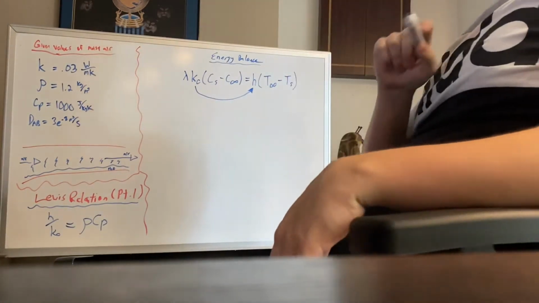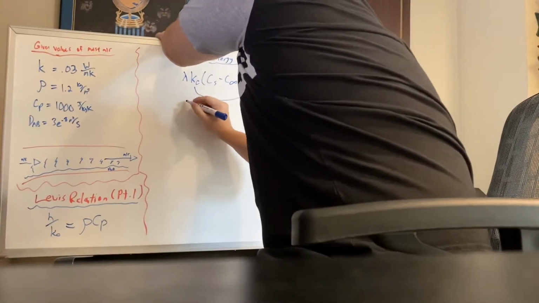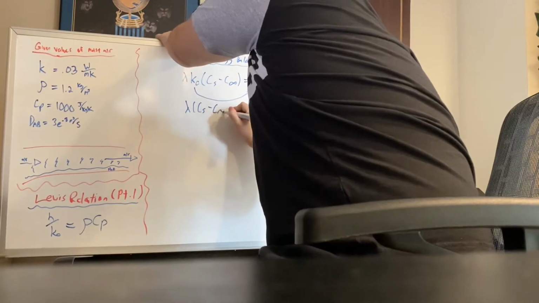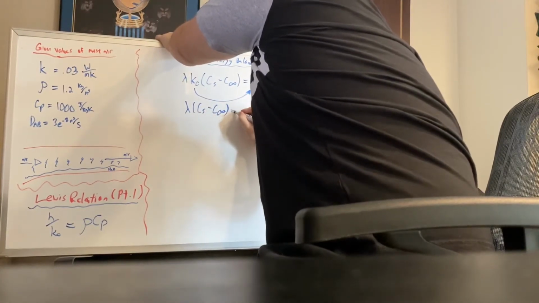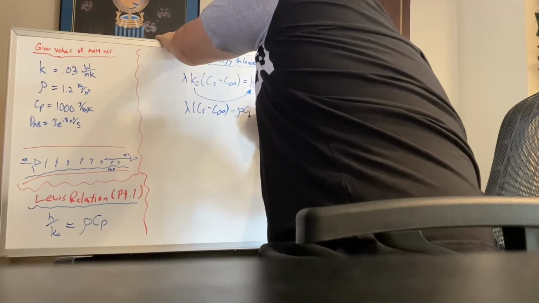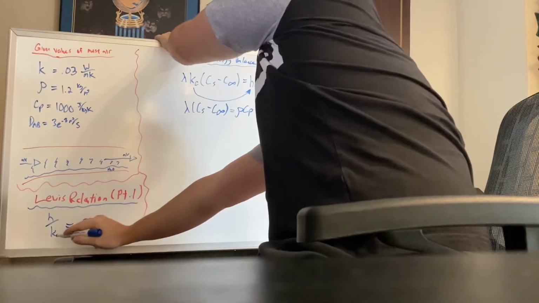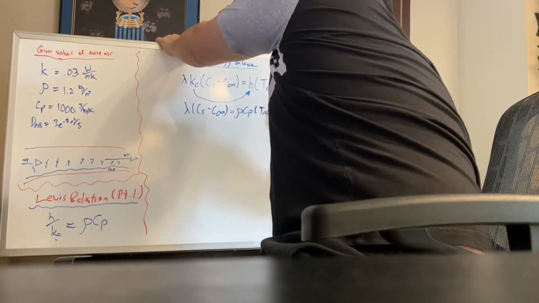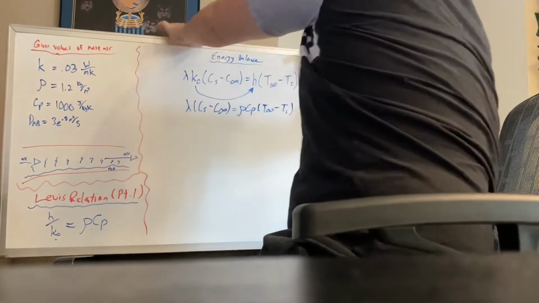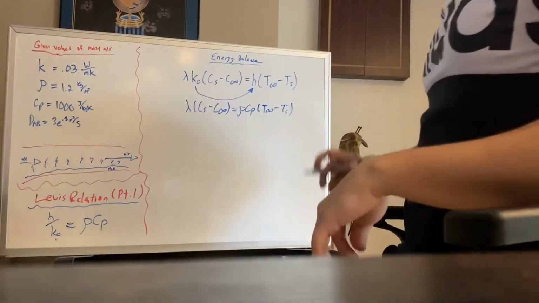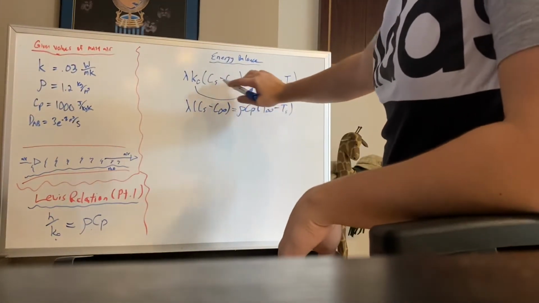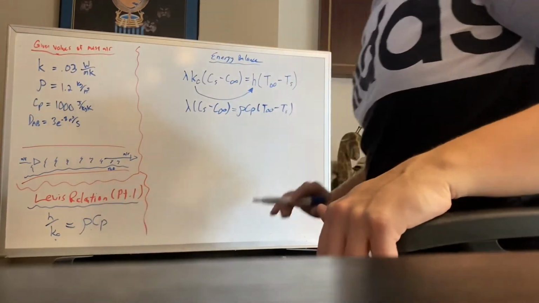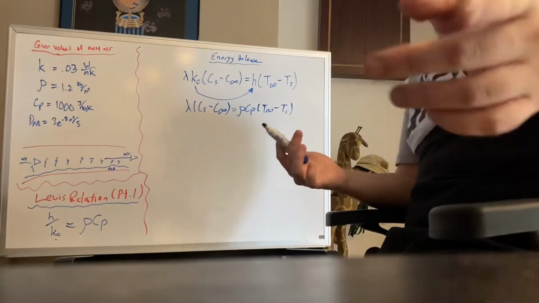This allows us to rewrite the equation as the heat of vaporization multiplied by the concentration at the surface minus the concentration somewhere far away, equal to the density times the heat capacity, because we can substitute this in, multiplied by the temperature difference between some point far away and the surface. This is what we are given after taking that first step of involving the Lewis relationship that we will need for calculating the relative humidity.